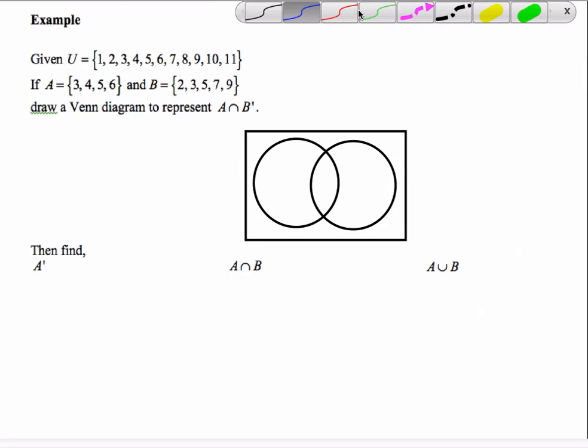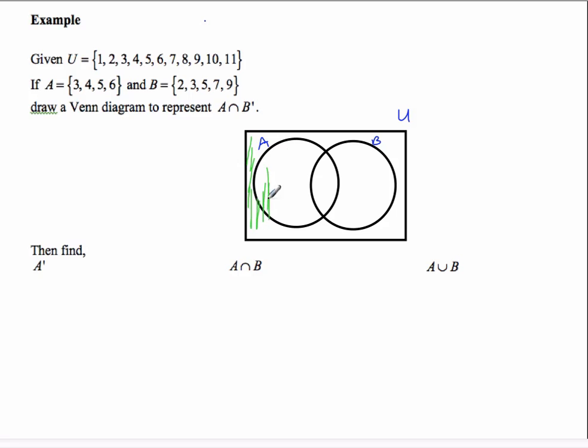Okay, some more examples. Let's take a look at this one. Let's label this U, and this is A and B. And we're going to draw a Venn diagram to represent A intersect not B. So the intersection of A and not B. Let me first of all shade not B. So everything that's not B is everything that's not in that little circle there.